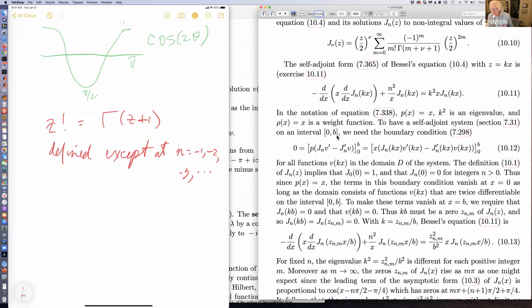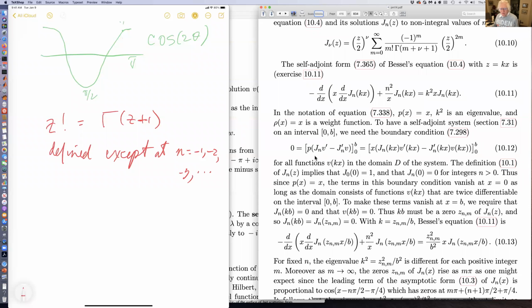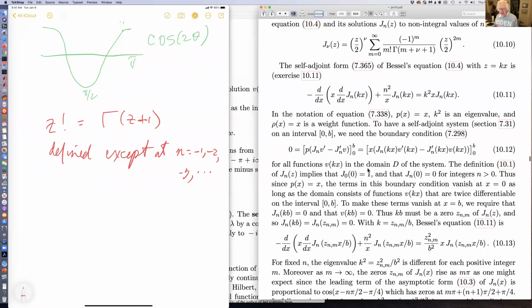We could pick other intervals with suitable gymnastics, but the reason 0 to b is chosen most often is that the J n's vanish at x equals 0, and p times J n vanishes at x equals 0, even when n is 0. We need these boundary conditions, which any function v of kx in the domain of the system must satisfy.